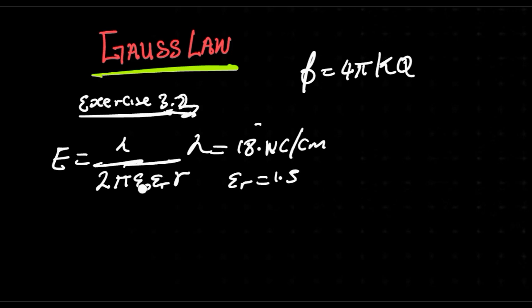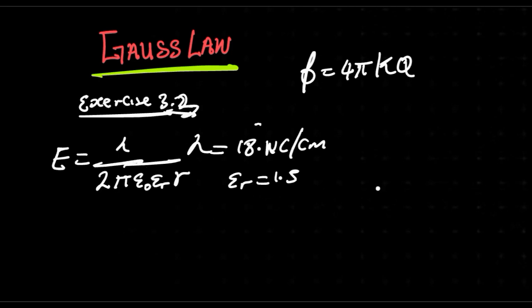You already know the value for epsilon naught, and they gave you the distance, 5 cm, which you convert to meter. Micro is multiplied by 10 raised to power minus 6, and cm is divided by 100. Substitute everything here and you have your answer.